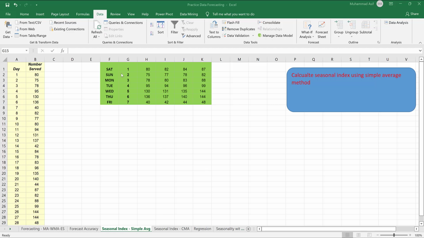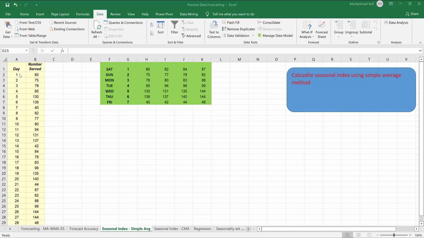The first step is that we will sort our data like this one, so that data for similar seasons appears in one row. So this is all data about Saturday. Let's say one is Saturday and it's 80, and then after that this is 82, and similarly we keep going ahead, and all this data is organized like this one.